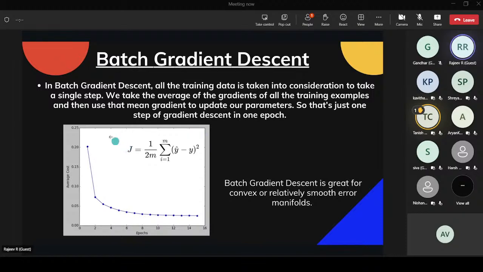That's very simple, and batch gradient descent is the type I was using to explain the other factors in my previous slides. It's a generic type of gradient descent, used to explain gradient descent to people who want to learn it.